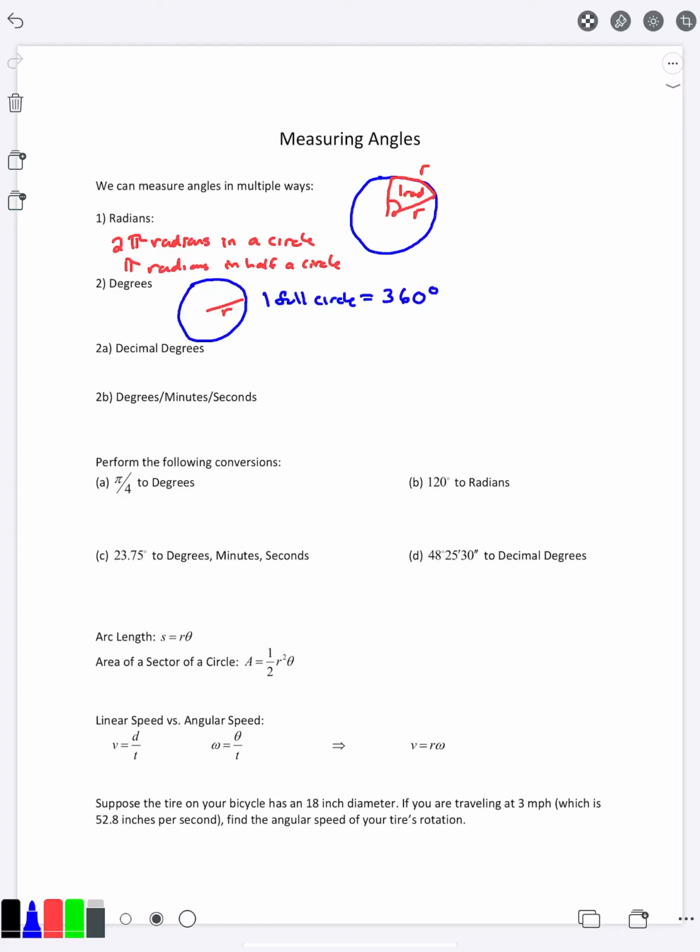But regardless, the degrees are just based on 360 degrees is 1 full circle, so that means 1 degree is 1 over 360th of a circle. But the problem is, can you really imagine exactly how much is 1 360th of the way around? I certainly can't. So degrees, even though we're familiar with them growing up, it's not actually that easy to visualize until you've just seen them before.